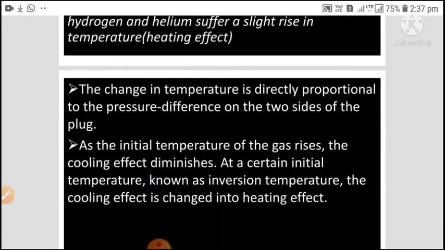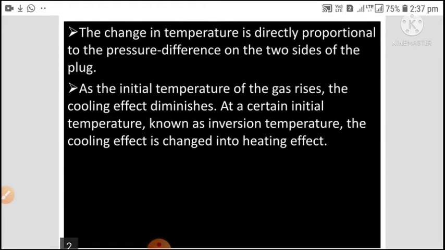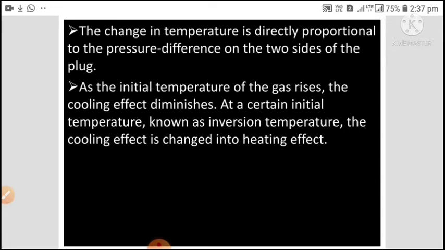Next point: the change in temperature is directly proportional to the pressure difference on the two sides of the plug. Next, as the initial temperature of the gas rises, the cooling effect diminishes.